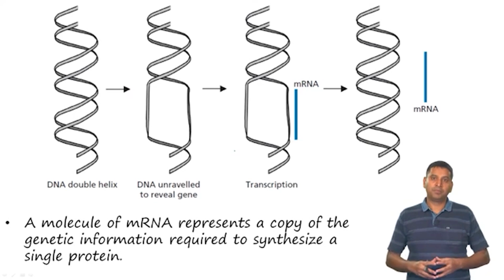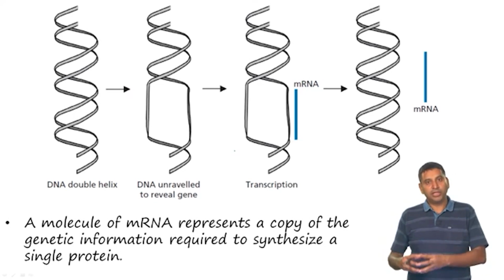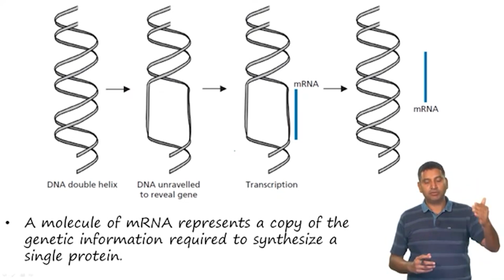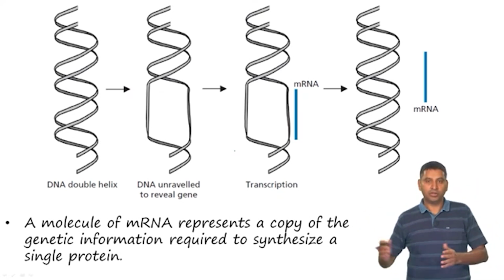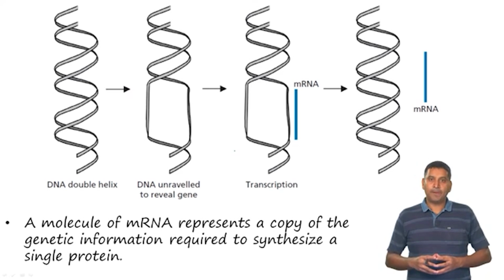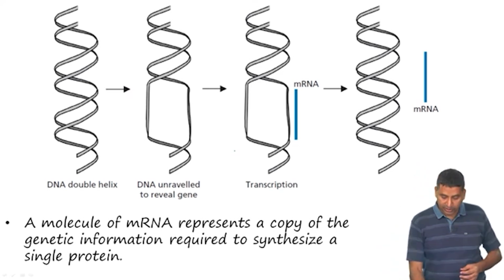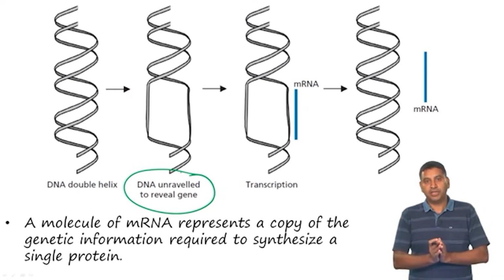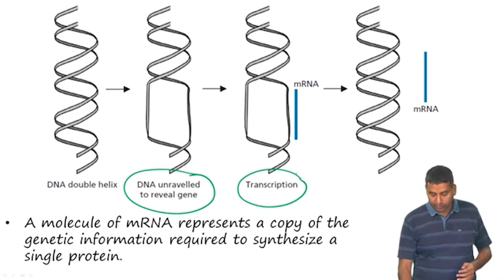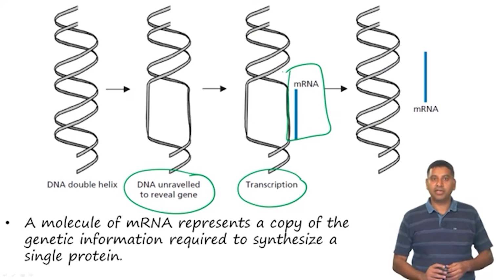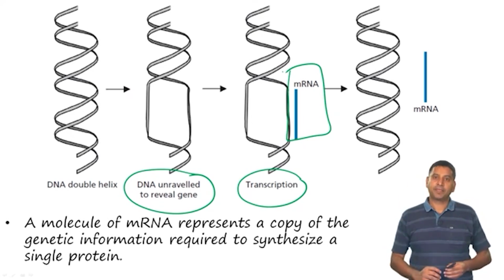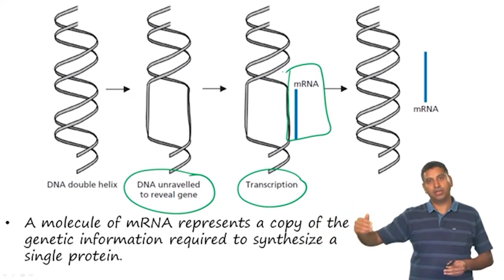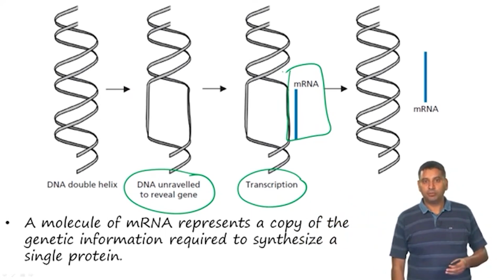Now, in order for proteins to be synthesized, a very similar process has to occur, that is, the information from DNA has to be transferred to what is known as messenger RNA. The first step is that the DNA is unraveled and it reveals the gene. Then, through transcription, a single strand mRNA is synthesized, and this mRNA, as we looked at earlier, is released into the cytosol, and it is going to help with protein synthesis.